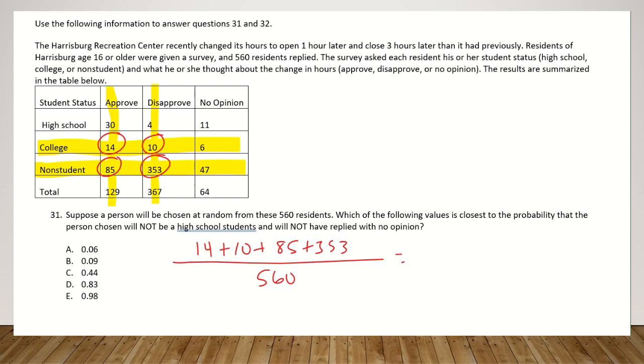Okay, so we add this up and we get 462. Our answer choices are in the form of decimals, so we're just going to divide that and get our decimal. And then which one is that closest to? Choice D.